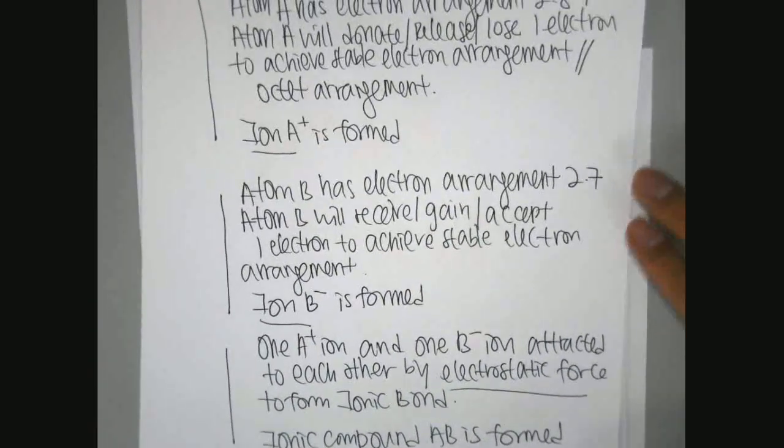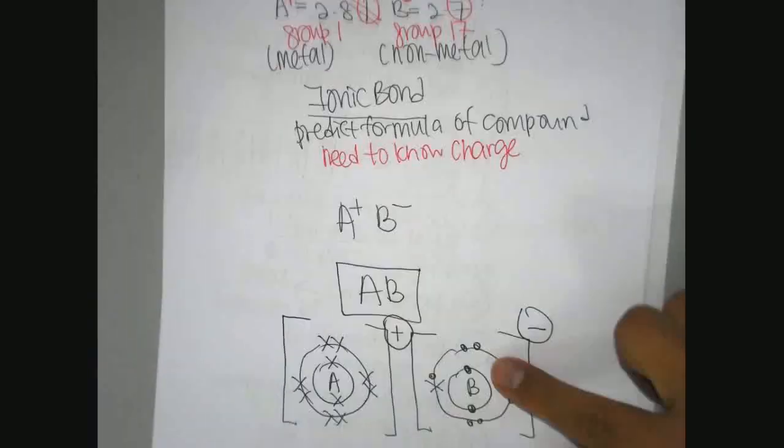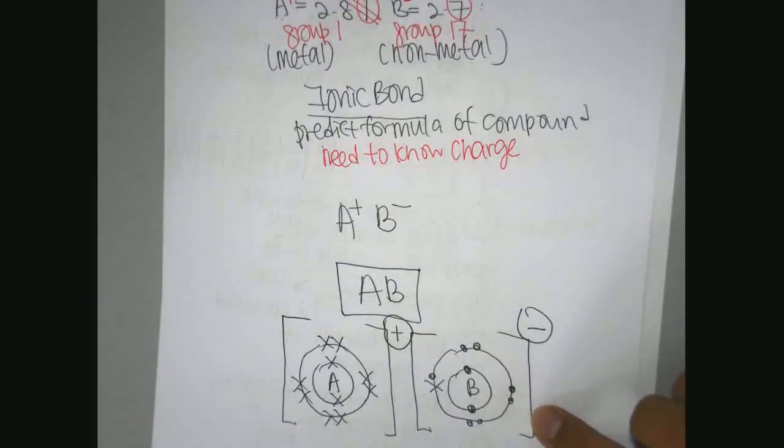Although the answer looks lengthy, if you follow step by step, it's not that hard. Most importantly, you must begin with drawing a picture, because if you're able to draw the diagram of the bonding, it will make the explanation much easier.